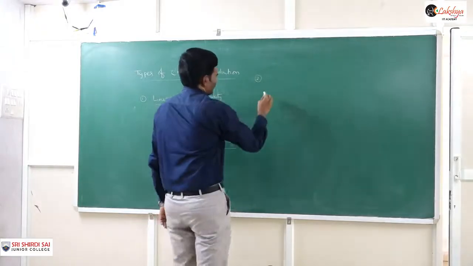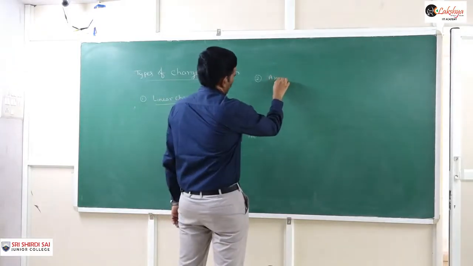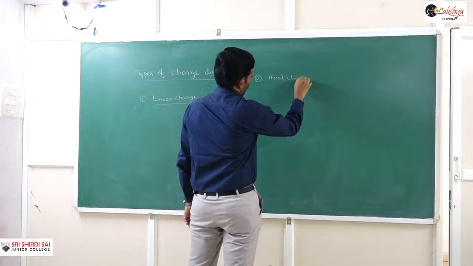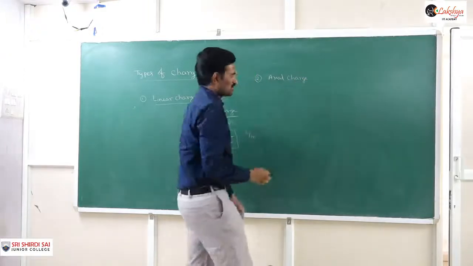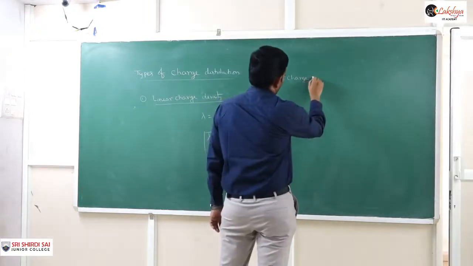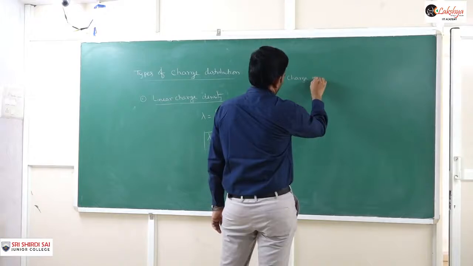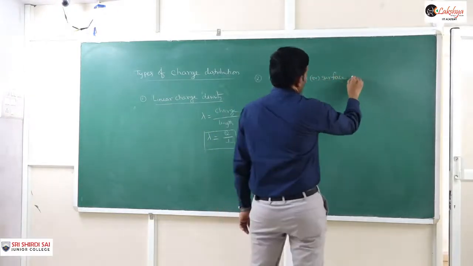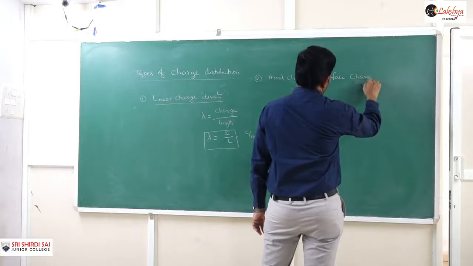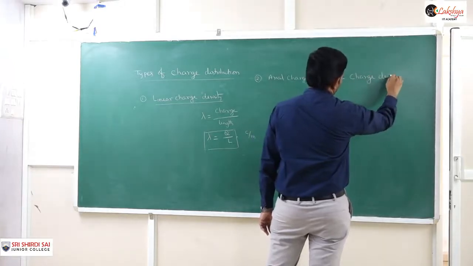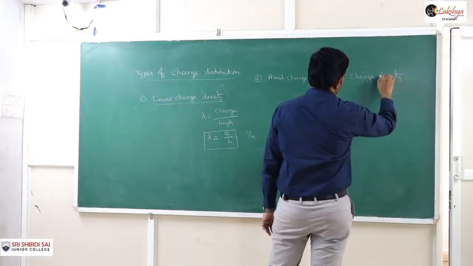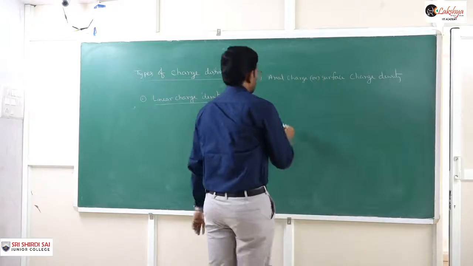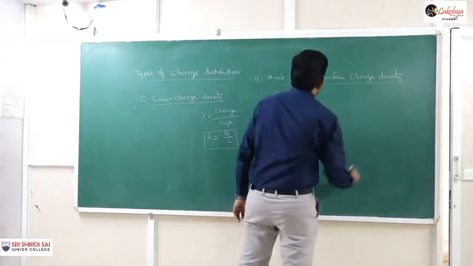And the next one is areal charge distribution. We call it areal charge density, which is also called surface charge density. Surface charge density is generally represented with sigma.